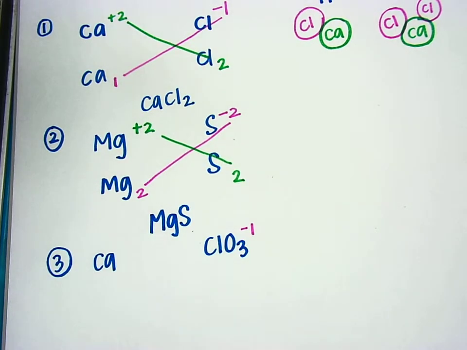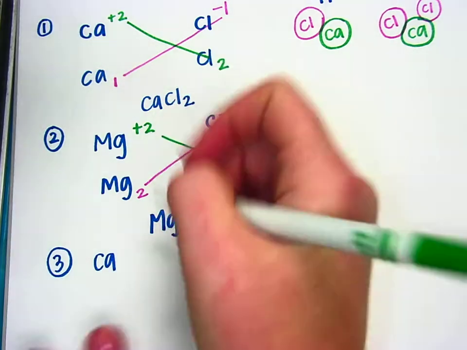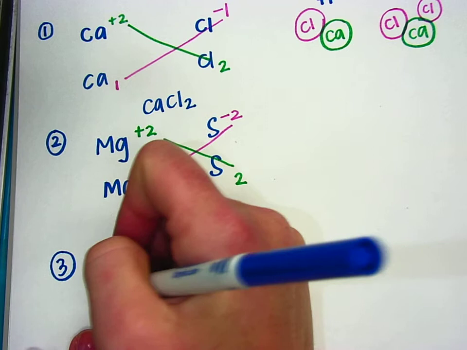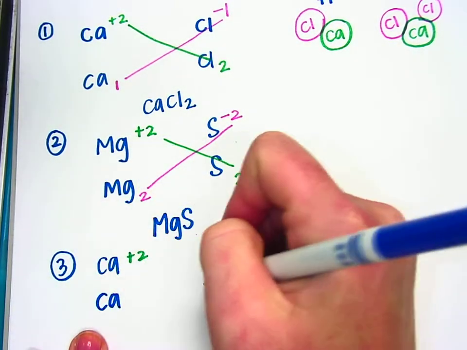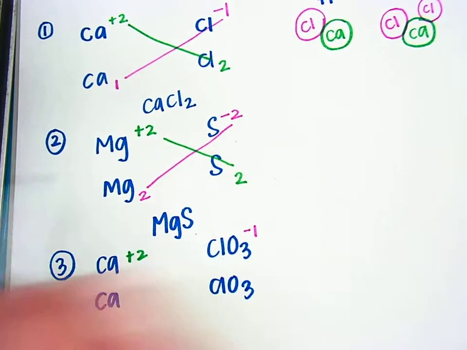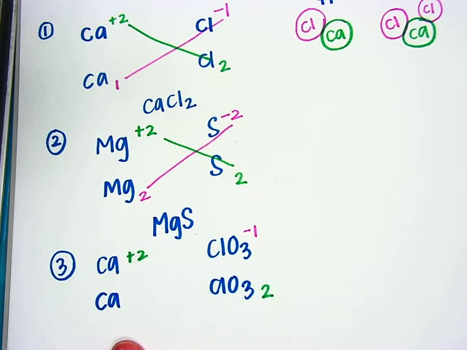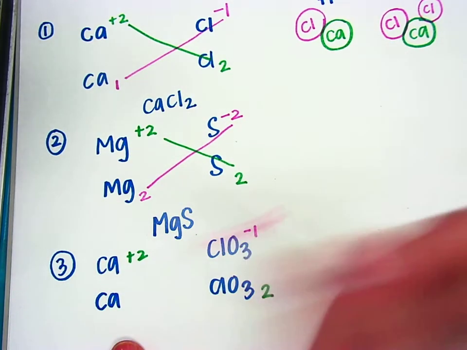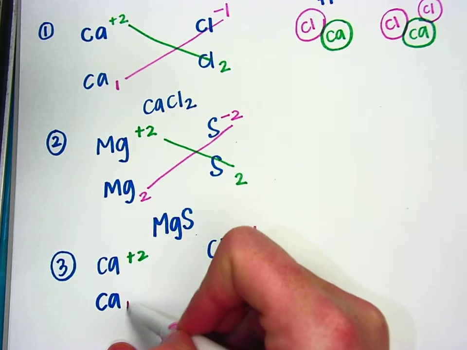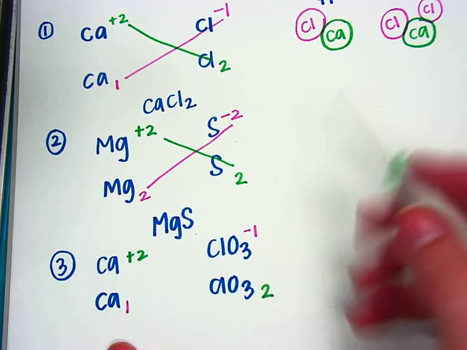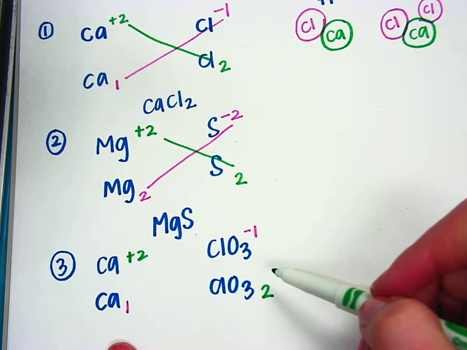And then calcium, just like before, will have a charge of +2. So when I go to cross the charges, the 2 that is next to calcium is going to come down here, and the 1 that was next to ClO3, or chlorate, is going to come down here. There's one more thing you have to worry about when you have a polyatomic ion.